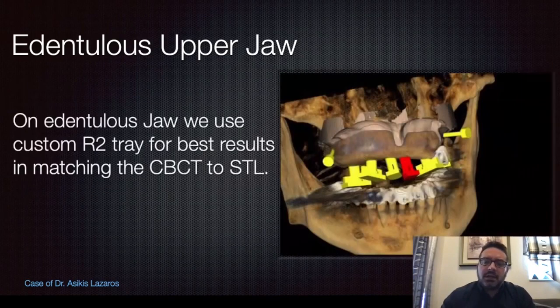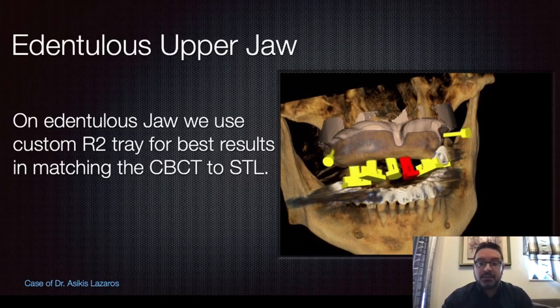As you can see, in this case, we again used the custom arch tray, because there was only one tooth in the mouth, and we make the fitting. We always suggest to have a good CBCT and good custom trays, so we provide the dentist the custom trays, or if they produce them themselves, we first examine the arch trays, whether the quality is good and the fitting on the casted model is excellent.